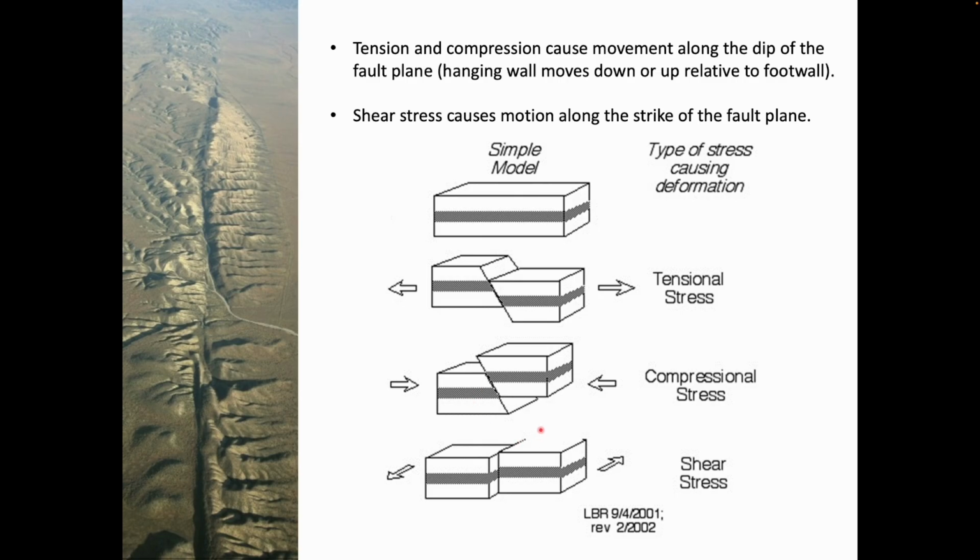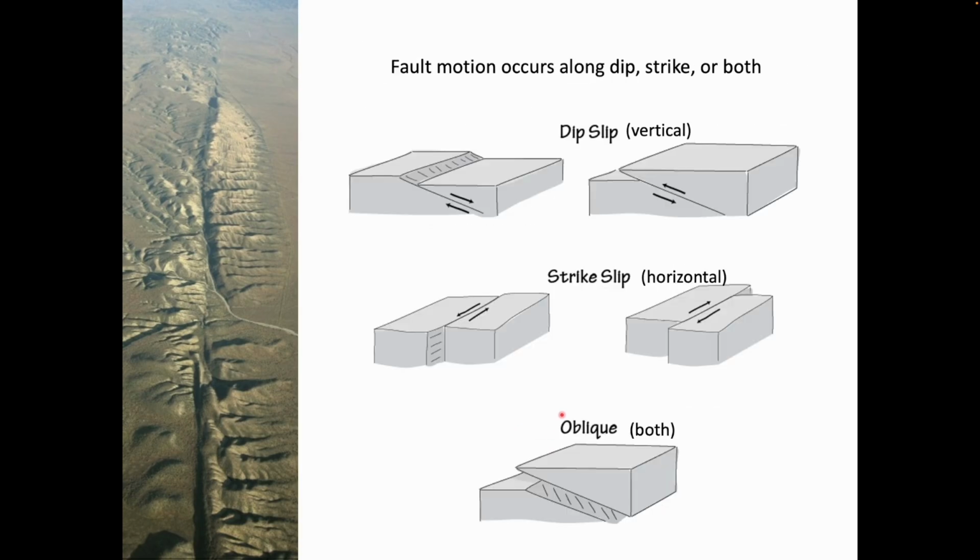A shear stress usually prefers a vertical fault plane orientation and gives you lateral movement along your fault. That fault motion, again, can occur along the dip, the strike, or both. When we have just vertical motion along a tilted fault plane, we call that dip slip.